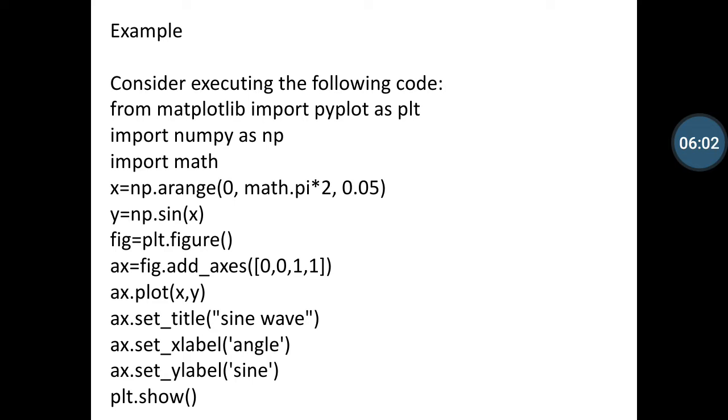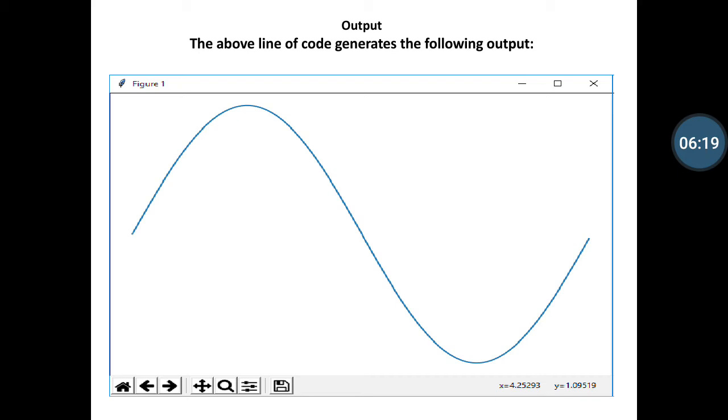It will execute and display a graph in your coding environment, whether you use Jupyter Notebook or Spyder of the Anaconda environment. So you can see that the graph is generated as per our defined code.